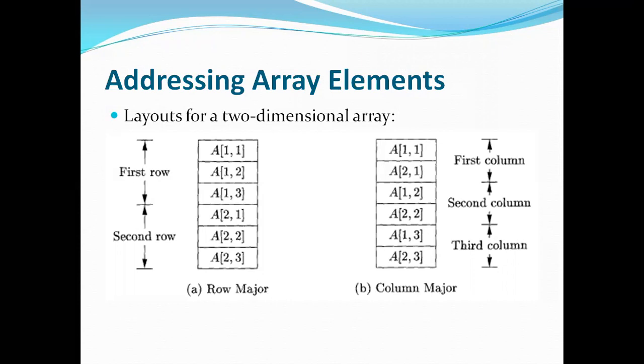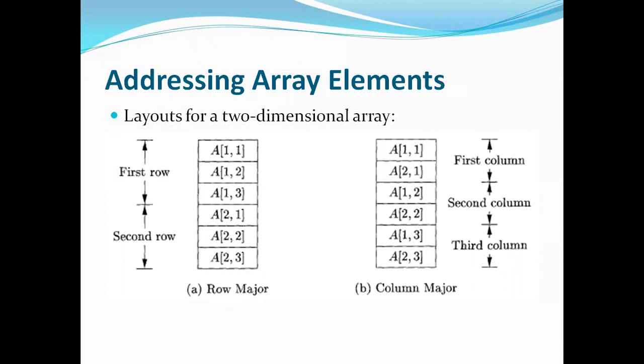In the row representation we use the first row and second row. In the columns we use the first column, second column, and third column. We need to compute the addresses of every element. Initially we need to know the base. Here it is a two-dimensional array, so we need to consider i and j subscripts.